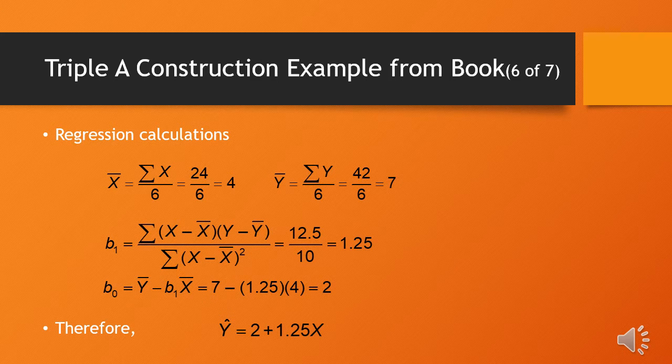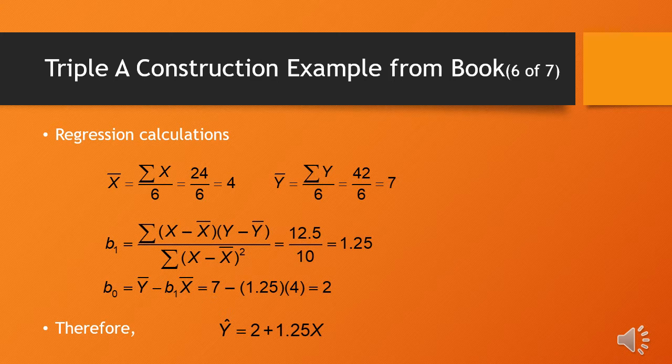And then we have b1, which equals the sum of (x minus x bar) multiplied by (y minus y bar), divided by the sum of (x minus x bar) squared, which gives us 12.5 divided by 10, which results in 1.25.